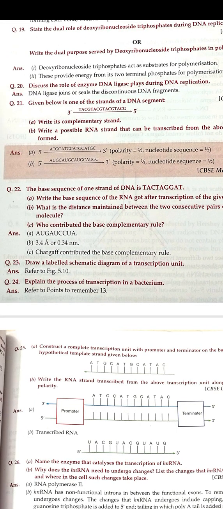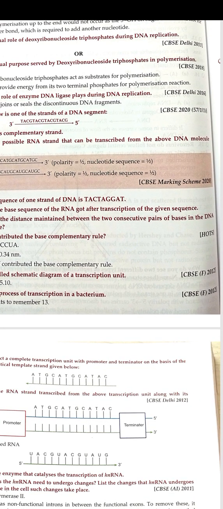The first answer is 5' to 3', with the complementary sequence of bases. Polarity carries half the marks, nucleotide sequence half. B, 5' to 3' with the RNA sequence. Polarity carries half, nucleotide sequence half. This question was asked in the CBSE exam 2020.